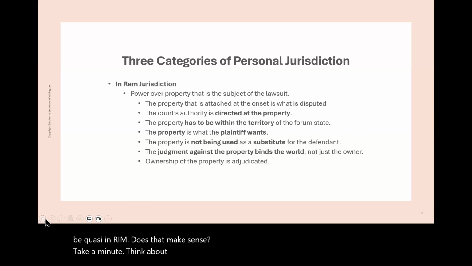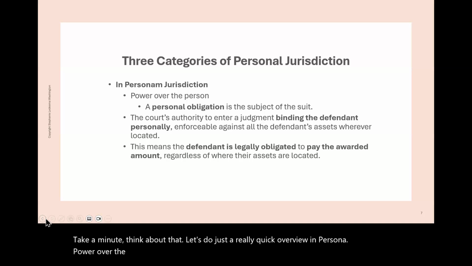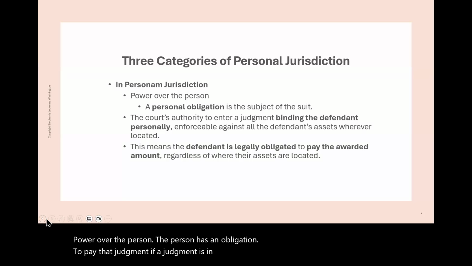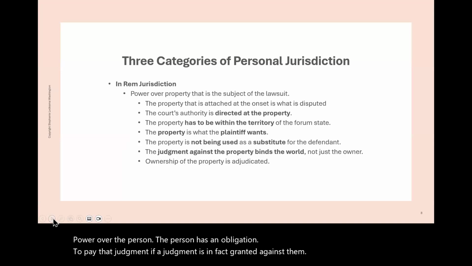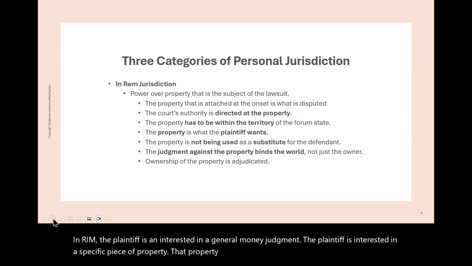Let's do just a really quick overview. In personam, power over the person. The person has an obligation to pay that judgment if a judgment is in fact granted against them. In rem, the plaintiff isn't interested in a general money judgment. The plaintiff is interested in a specific piece of property. That property is identified and attached at the beginning of the lawsuit.